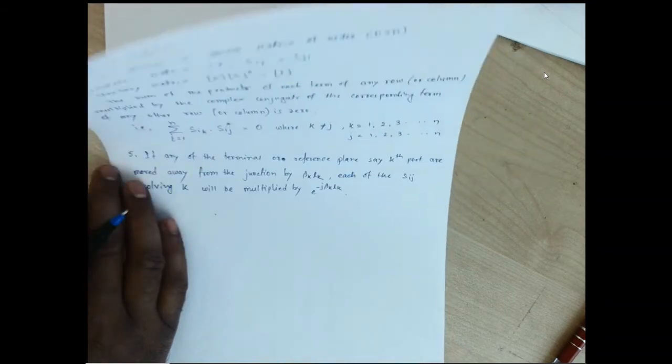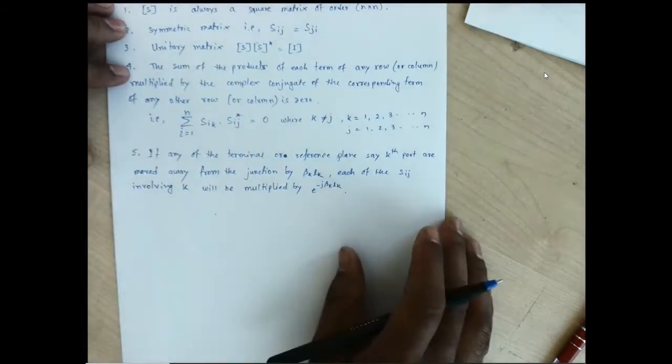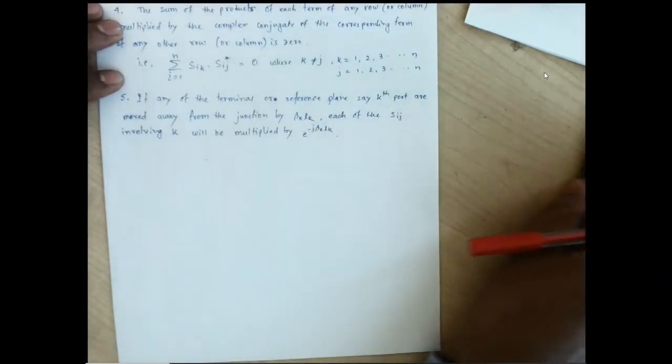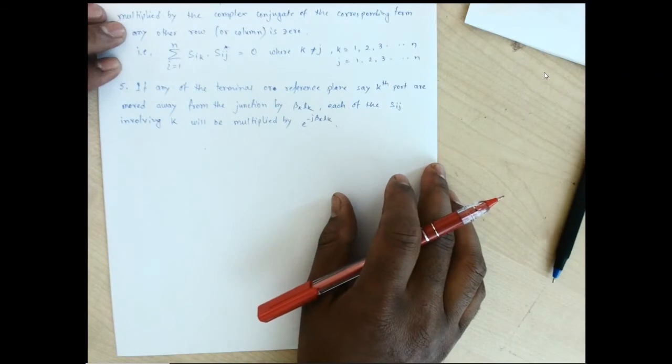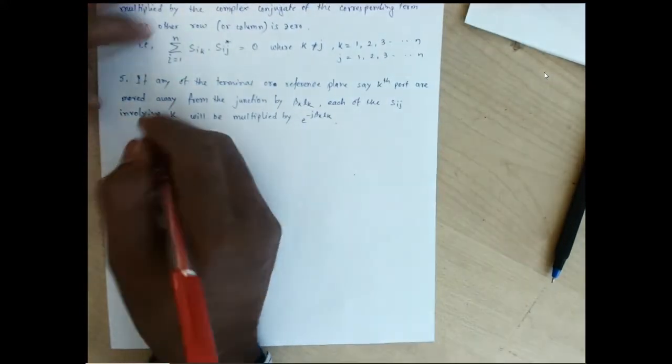Now let us take our first microwave device, that is T junction. Most probably you have seen this thing in your lab class also. So let us first start with microwave T junctions.